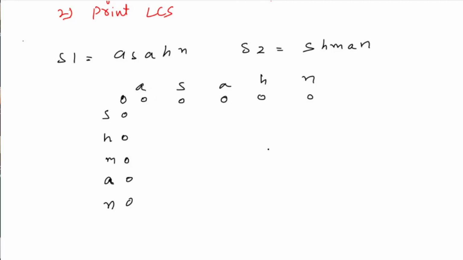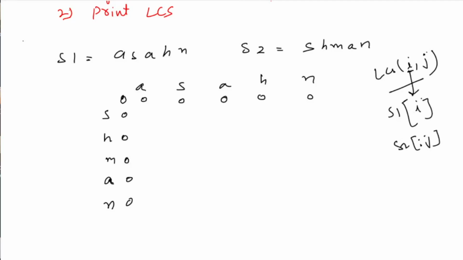In the recursive solution I told you about LCS(i, j). What LCS(i, j) was doing is taking a prefix of s1 of size i and a prefix of s2 of size j, and then finding the length of the longest common subsequence for them. So this was our function defined. We'll use the similar function here.